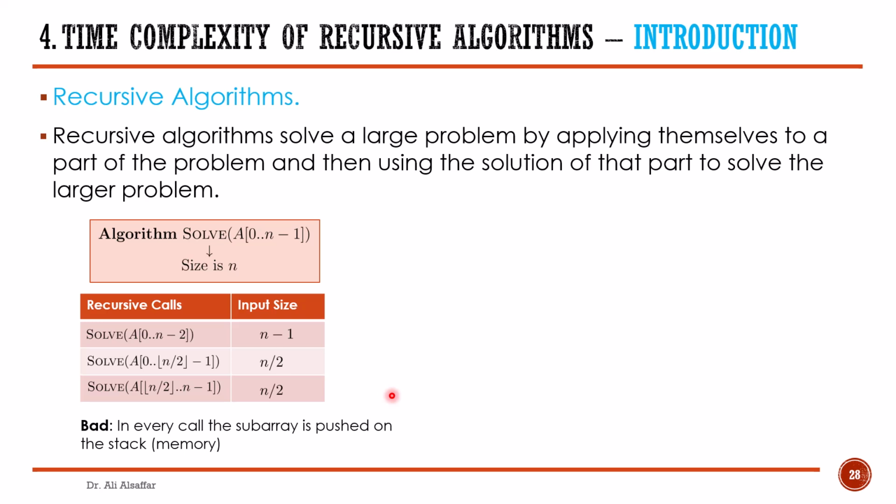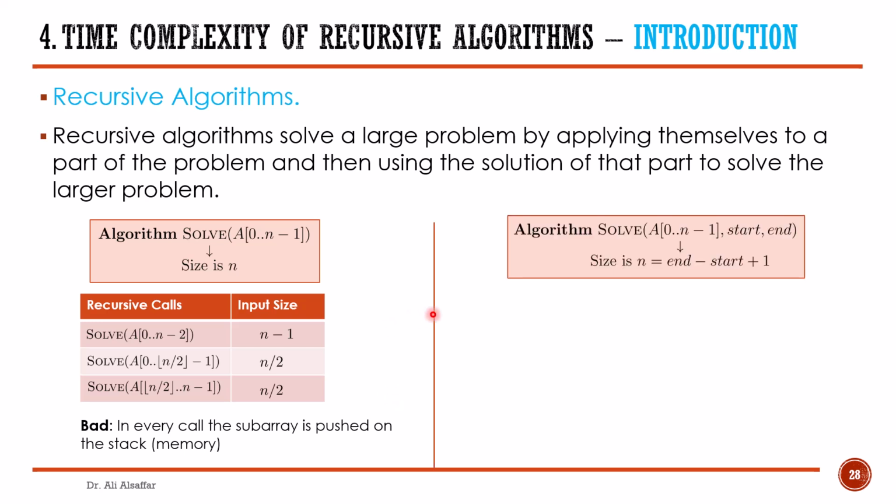But passing subarrays in every recursive call consumes a lot of memory from the stack. And if there are a lot of recursive calls, then the algorithm might get a Stack Overflow error and crash the program.